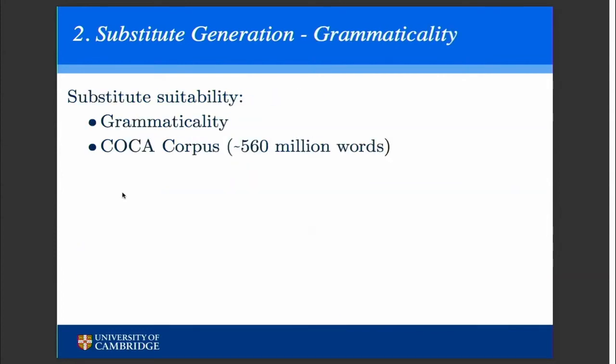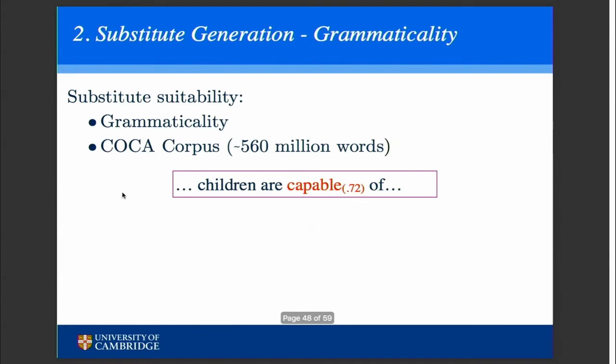So once we've filtered down according to whether this is a good semantic fit for the word or not, we then have to check if we substitute this word back into the sentence, will it make grammatical sense? And for this, we use the COCA corpus, which is over 560 million words. And more specifically, we look at the bigram frequencies of words within this really large corpus.